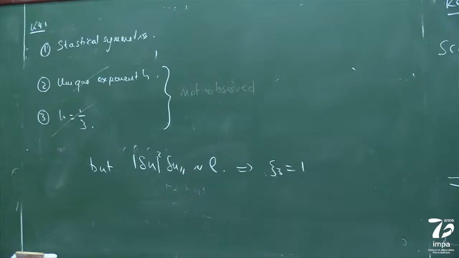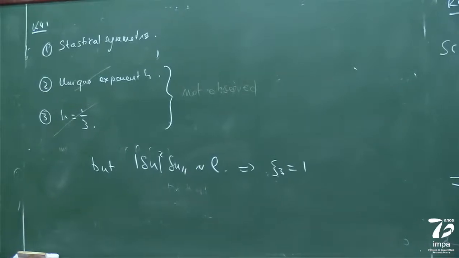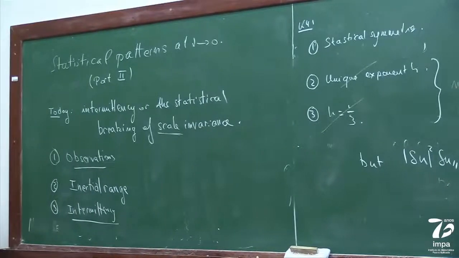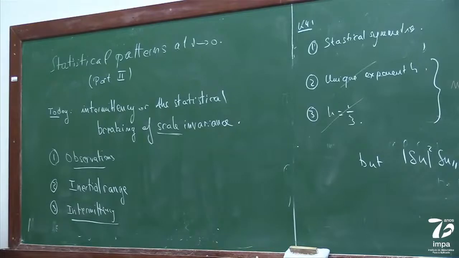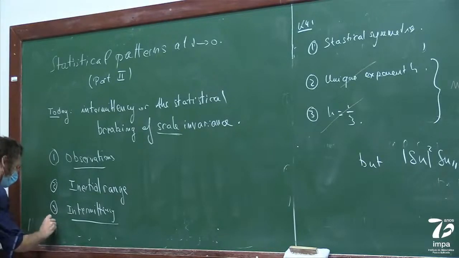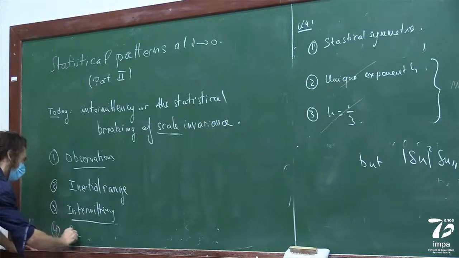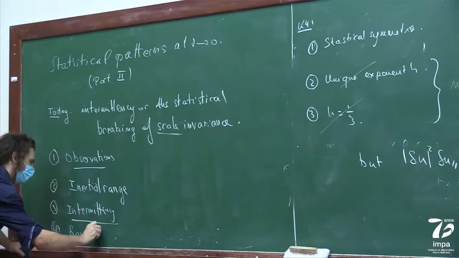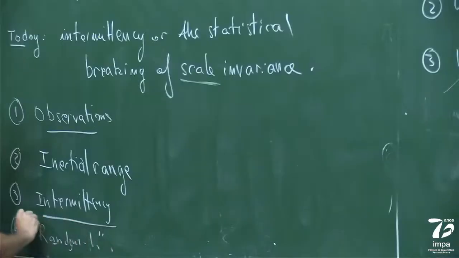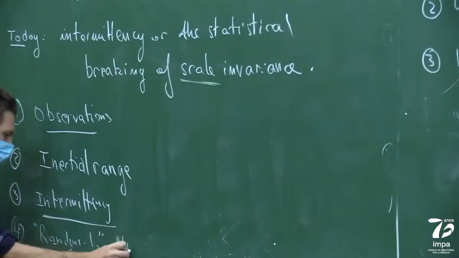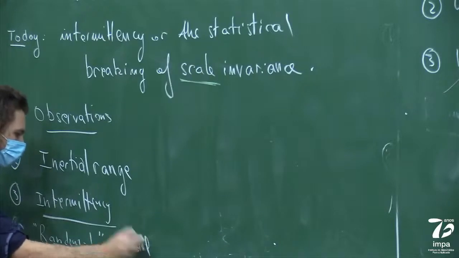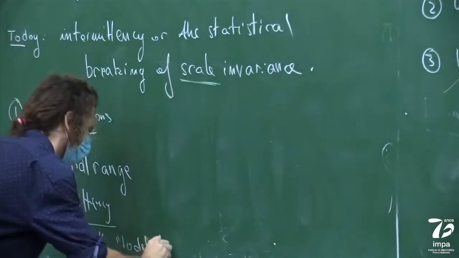And I think we have just time to provide such a key. And this is the last model. I will propose a random H model for intermittency.